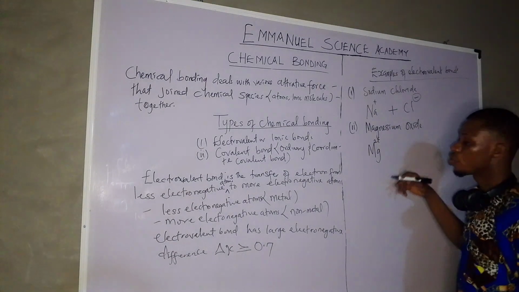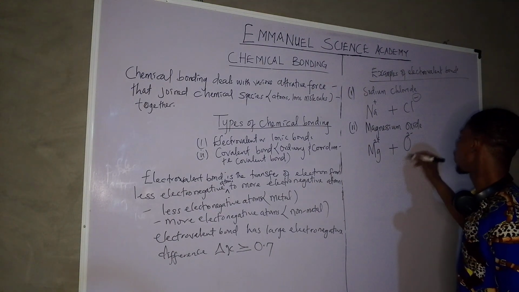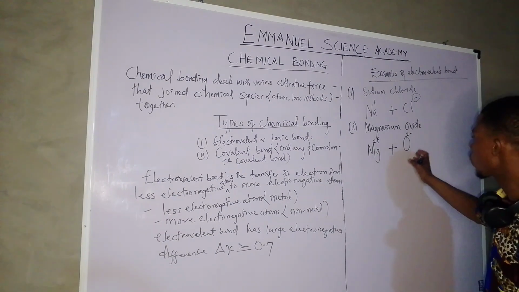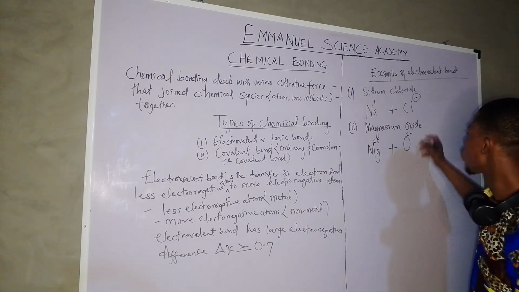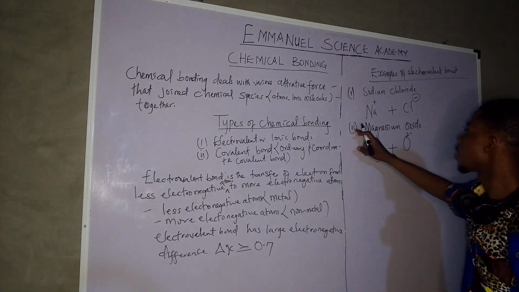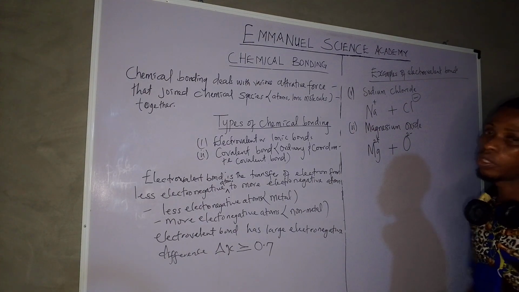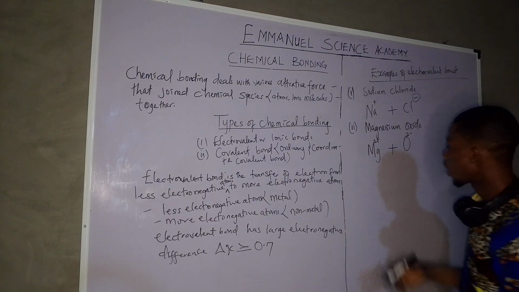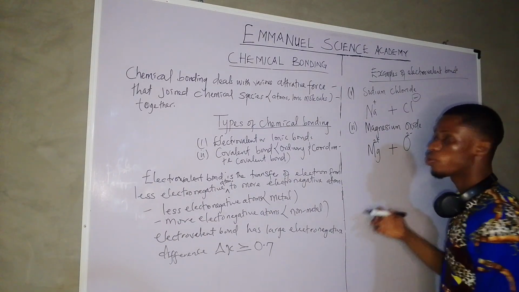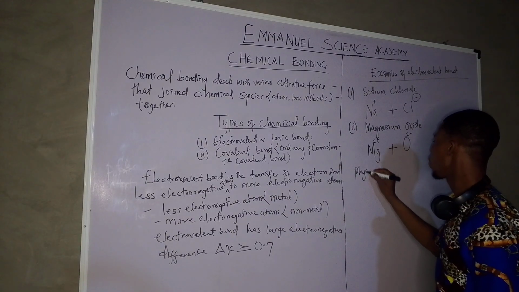To lose 2 electrons. And O2 minus, that is oxygen, has the tendency to do what? To gain 2 electrons. So these 2 examples are examples of an electrovalent bond.